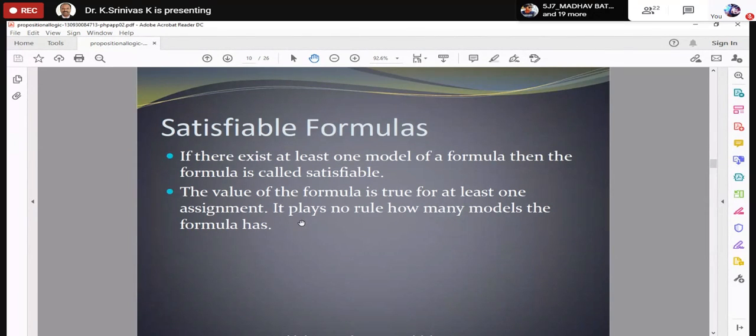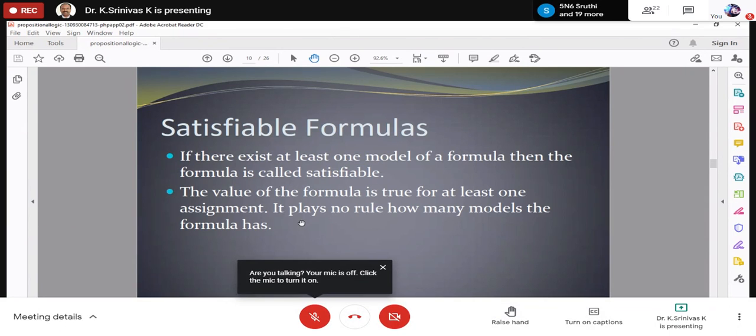As I said, for at least one assignment, the model of the formula must be true. It plays no role how many models the formula has. How many models the formula is having is not a question, but at least one assignment must be true.